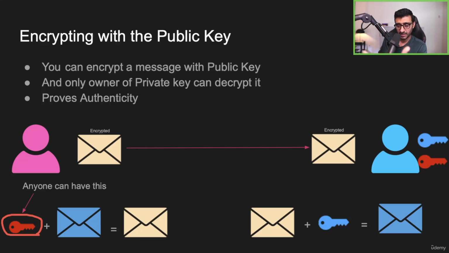That guy can take it, use their own private key, and see what you sent, and nobody on earth can know, except if the private key is leaked. That's a different story. So you can encrypt a message with the public key, and only the owner of the private key can decrypt it. This proves authenticity.